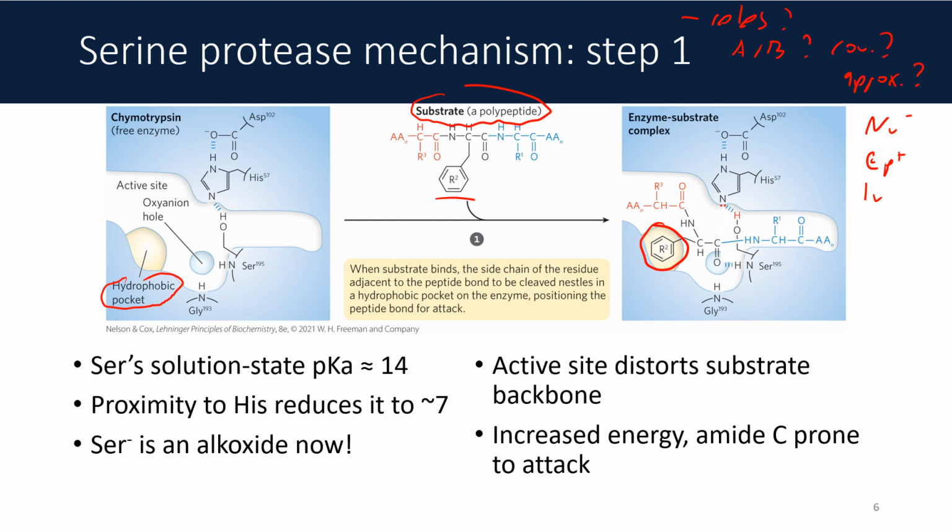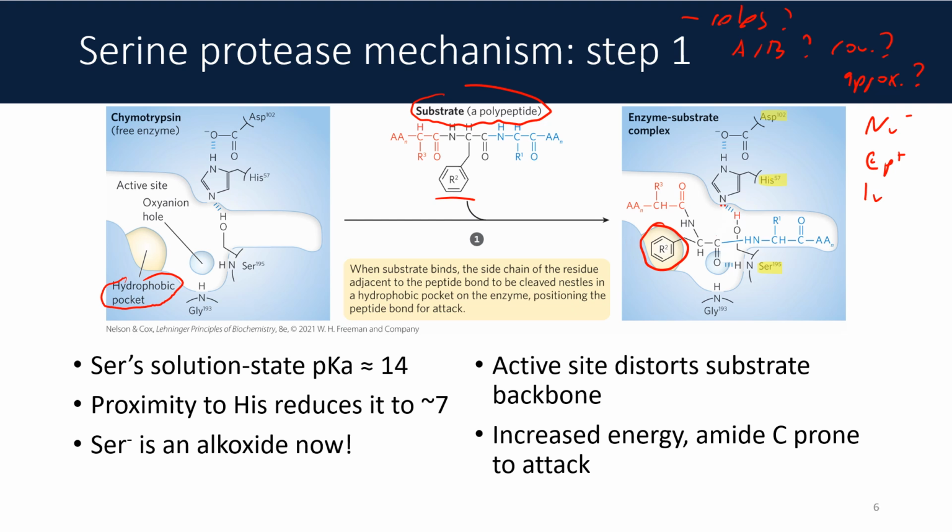That is going to position the next amide bond over near our catalytic triad, getting it ready for attack. We have serine over here, a histidine on the other side of this gap, and an aspartate near that histidine.